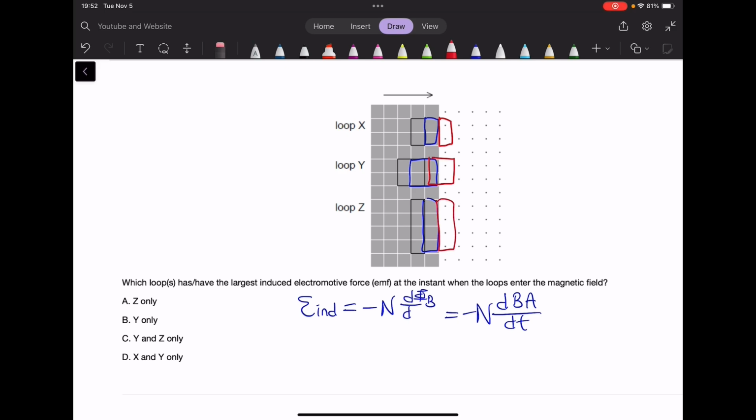Let me erase the blue thing. So at the instance when each loop is exposed to magnetic field, I'm gonna draw a line to see which one has the largest area. And for simplicity, I'm gonna draw the loop here, just to make everything clear.